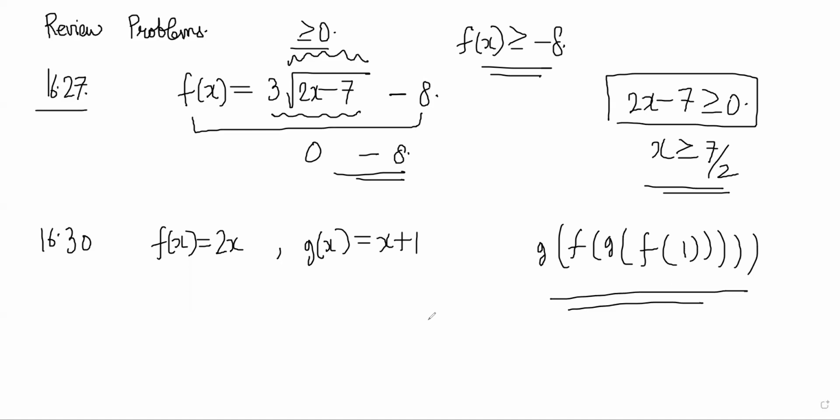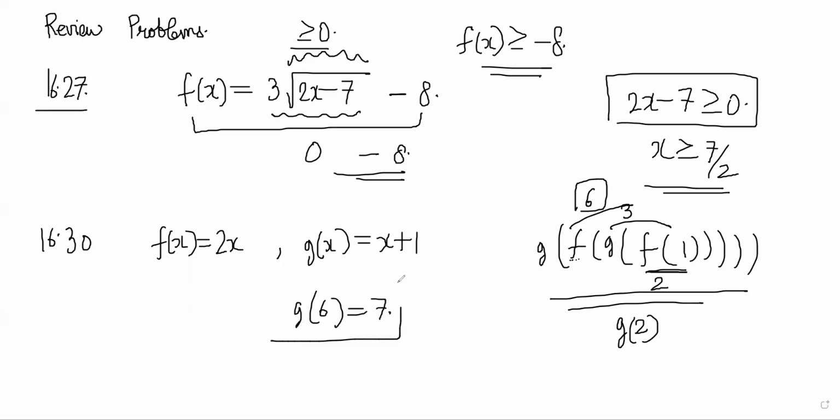I got 7 because I just plugged in 1 into the f of x function, then that into the g of x, and so on. G of 2 is 3, so this part will become 3. F of 3 is 6. And g of 6 is 7. Final answer should be 7. Yep.